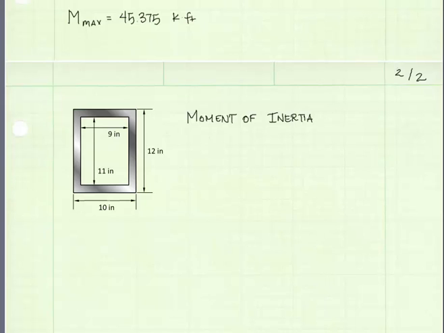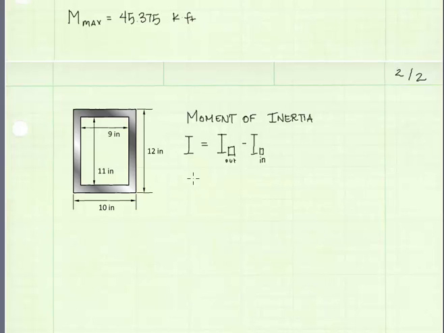Okay, the next thing we're going to do is calculate the moment of inertia for this cross section, and I'm going to show you a little trick. You remember back when we were calculating polar moment of inertia for a pipe, we could take the moment of inertia of the outer radius of the pipe and subtract the moment of inertia for the inner portion. We can do that for this rectangular tube-shaped beam.